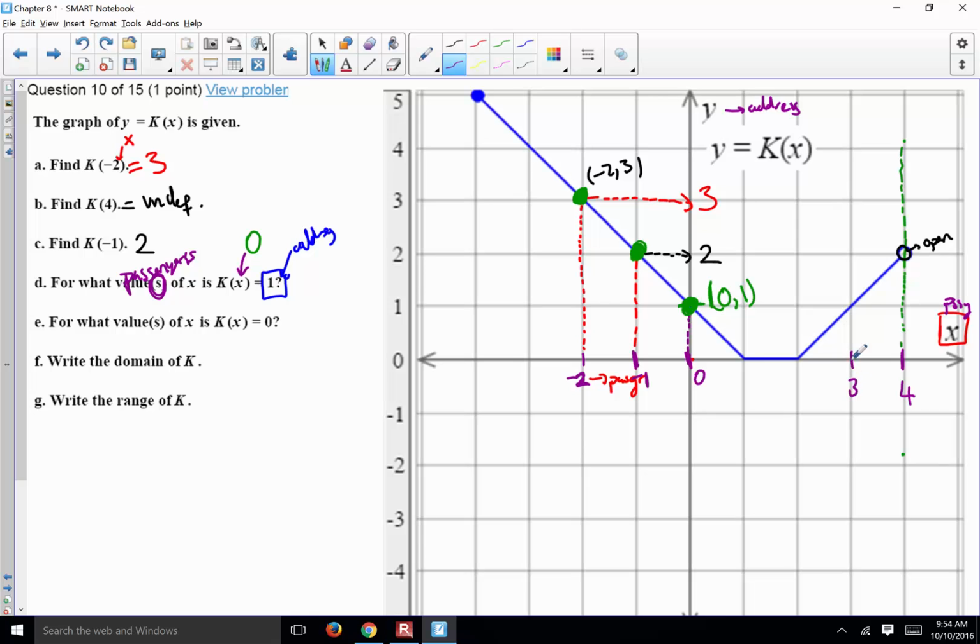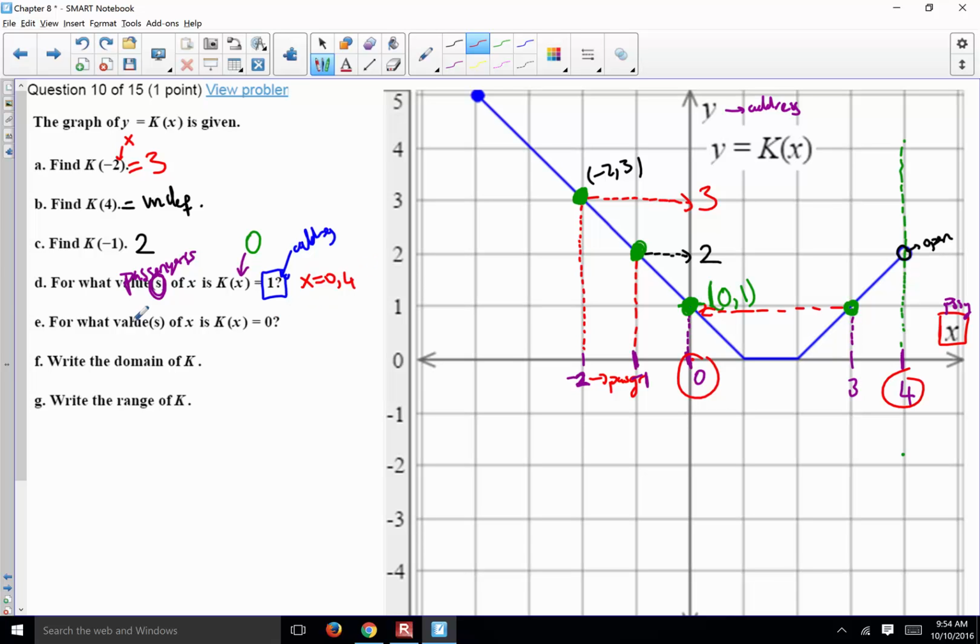Look at 3. He rides the bus. Guess where he gets out of the bus? When you make the contact, go to the left. He lives in the same address, (3, 1), y equals 1, same as 0. So 0 and 3 are two solutions.